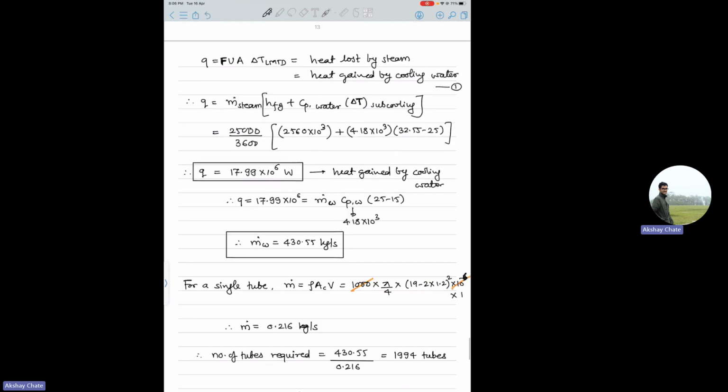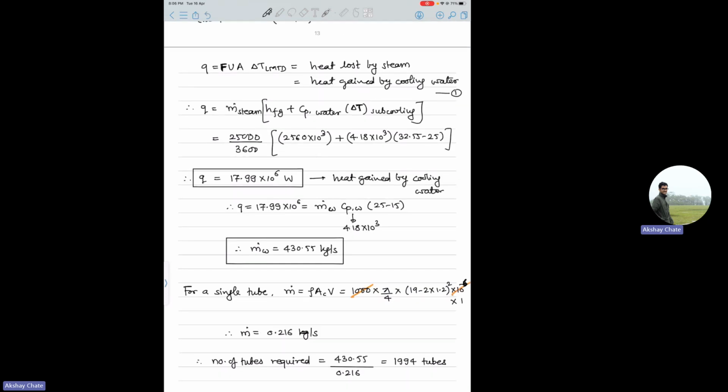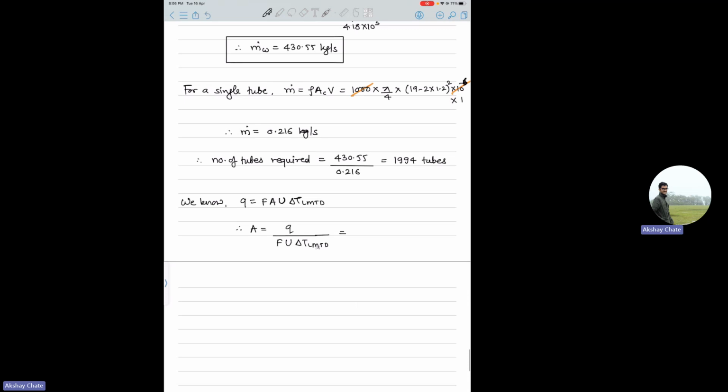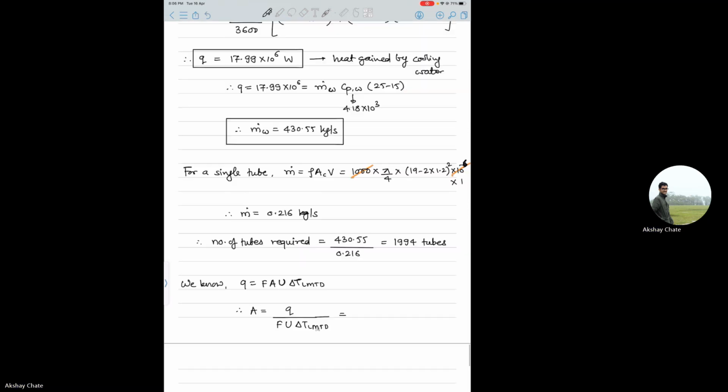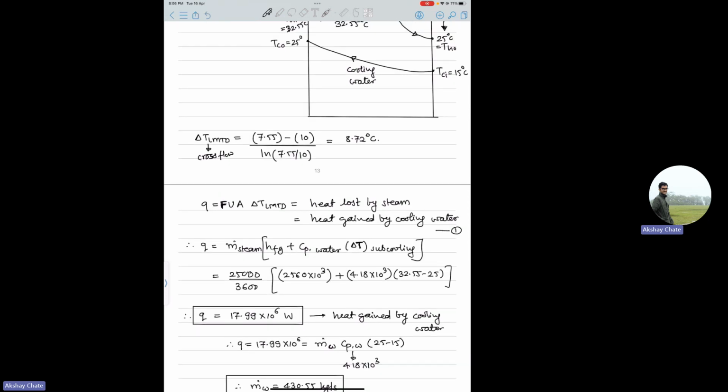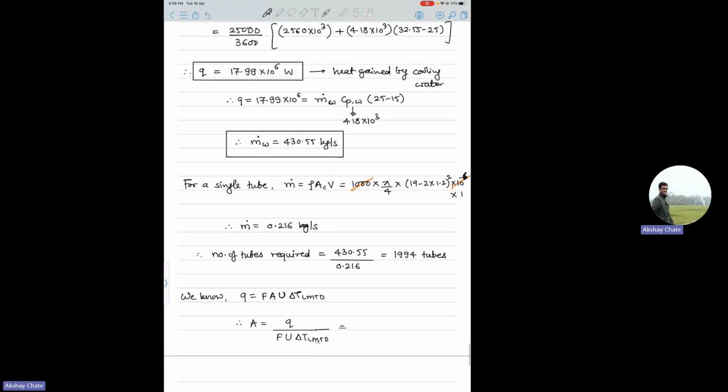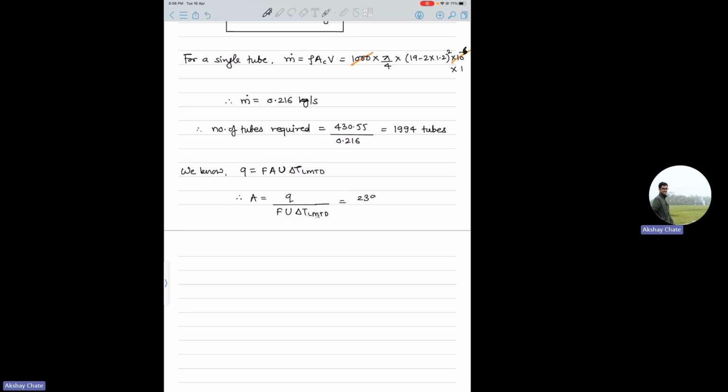Your Q is 17.99 into 10 to the power 6 watts, divided by your correction factor 0.86, into the overall heat transfer coefficient, which is 10 kilowatt, so that is 10,000, into delta T LMTD. So delta T LMTD was 8.72. So your area is 239.89 meters square. So that is the total area for the tubes.